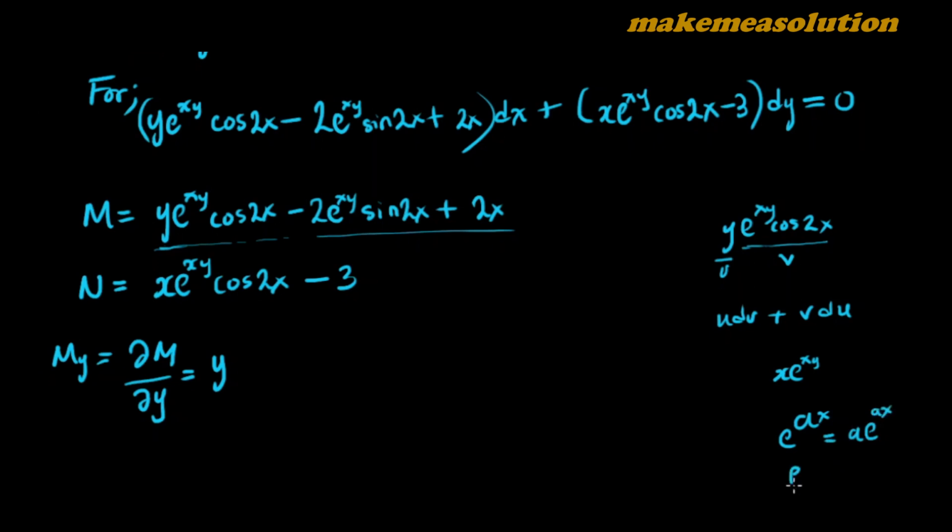Or when you differentiate e^(ay) with respect to y, you get a e^(ay). So differentiating e^(xy) partially with respect to y, you get x e^(xy). X is taken as a constant, so you have yx e^(xy) cos 2x, then plus v du. In this case, v du will repeat the e^(xy) cos 2x, because that is the v term.